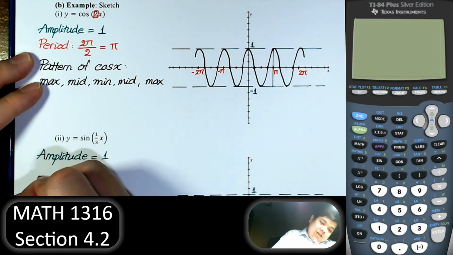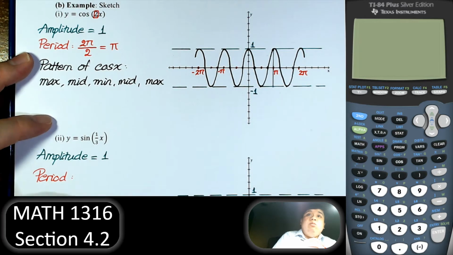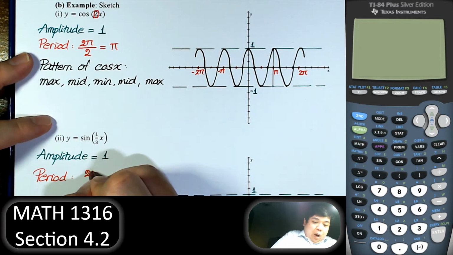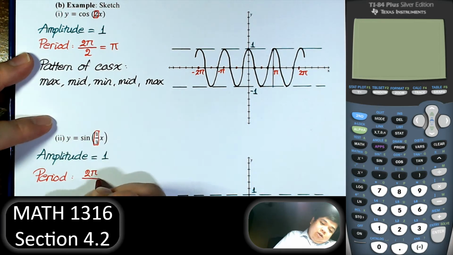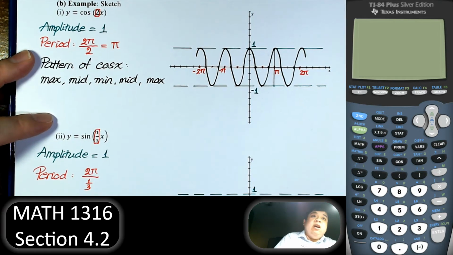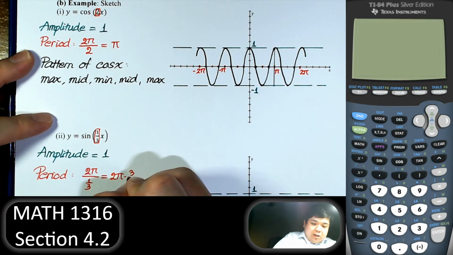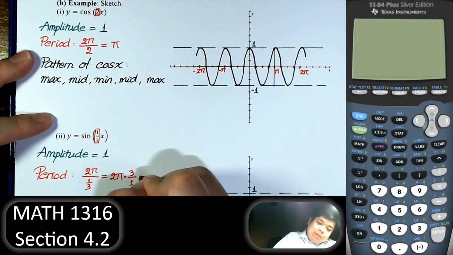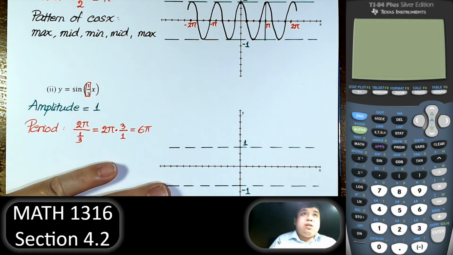Period. For sine, cosine, normal is 2 pi. However, the coefficient of x is 1 over 3. So we have to divide by that. Dividing by 1/3 is multiplying by the reciprocal. That gives us 6 pi. So we're going to have 6 pi.